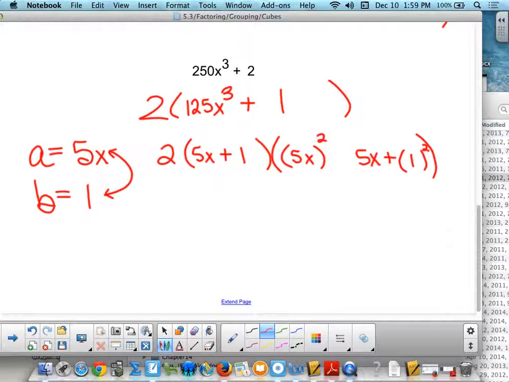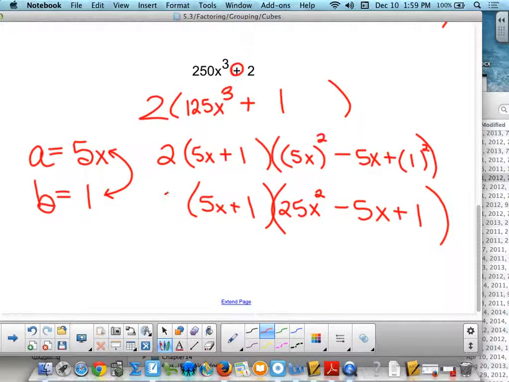And this has got to be opposite of this, minus. Okay, wait a second. We're not done, because you got to take care of this mess. What is 5x squared? 25x squared. So the answer is 2 times 5x plus 1 times 25x squared minus 5x plus 1.